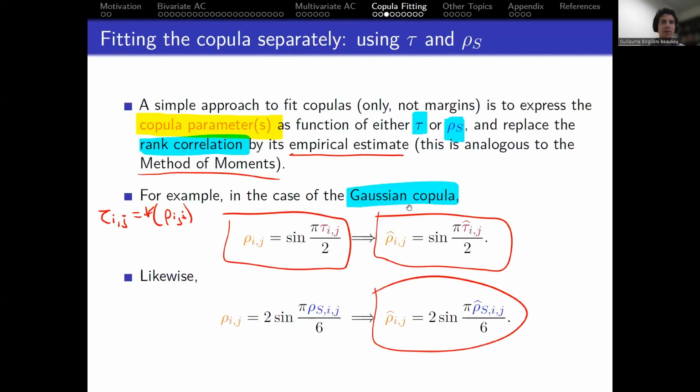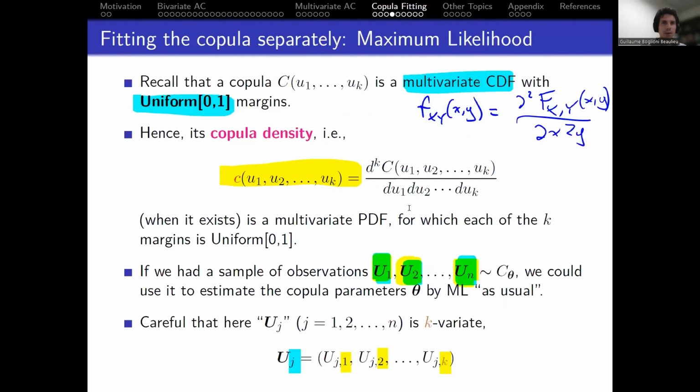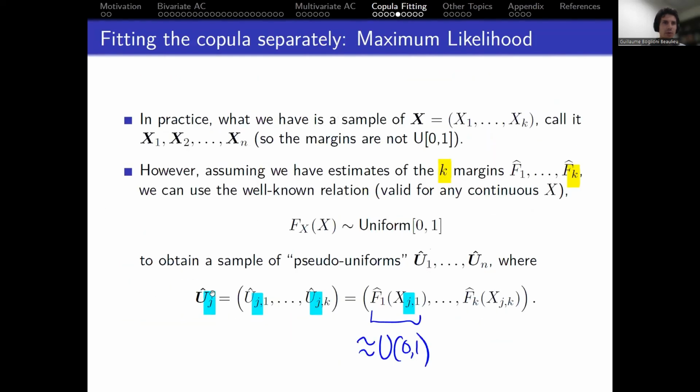Okay, so what I'm saying here is, where are my pseudo-uniforms? They're here. I want to obtain my sample of pseudo-uniforms, and in our case it's simple. We have only two dimensions, right? In general this goes from dimension 1, 2, up to k, but here we have uj1, uj2, and that's it. And again, j represents the observation. So for us, we have 1,000 observations.